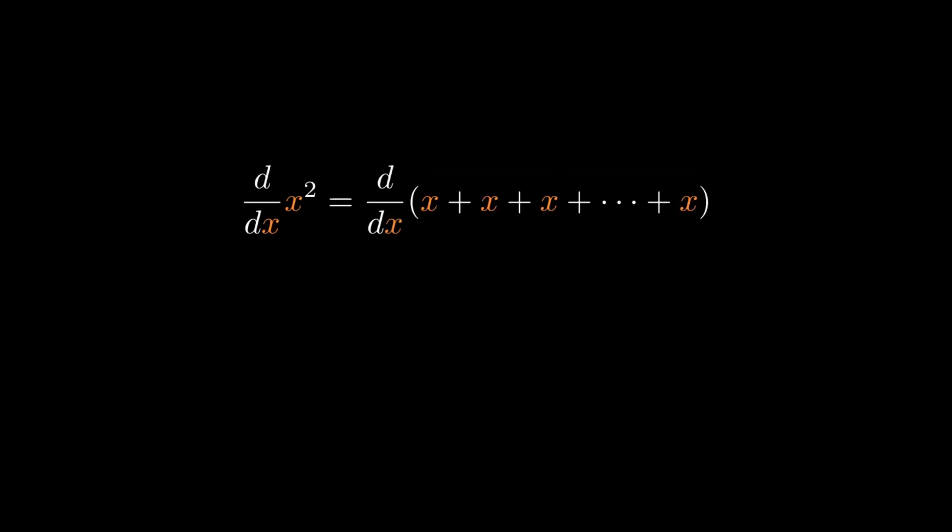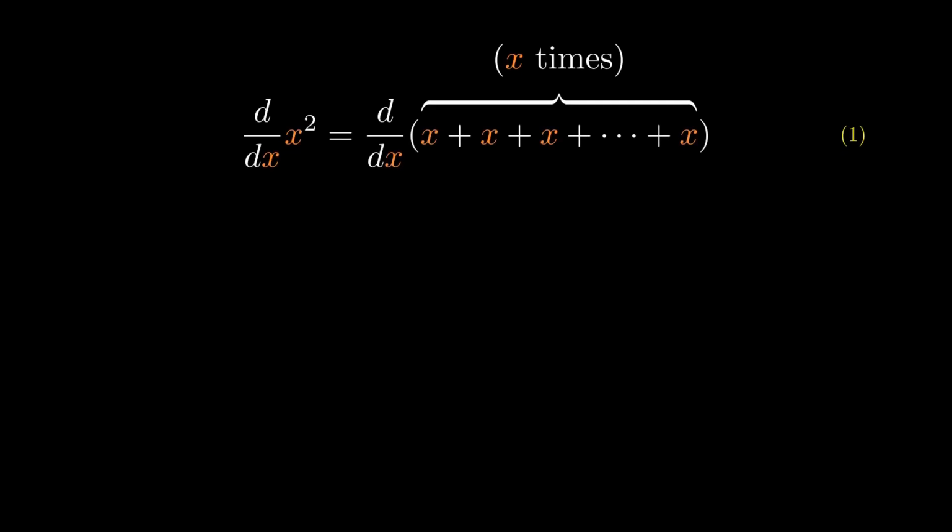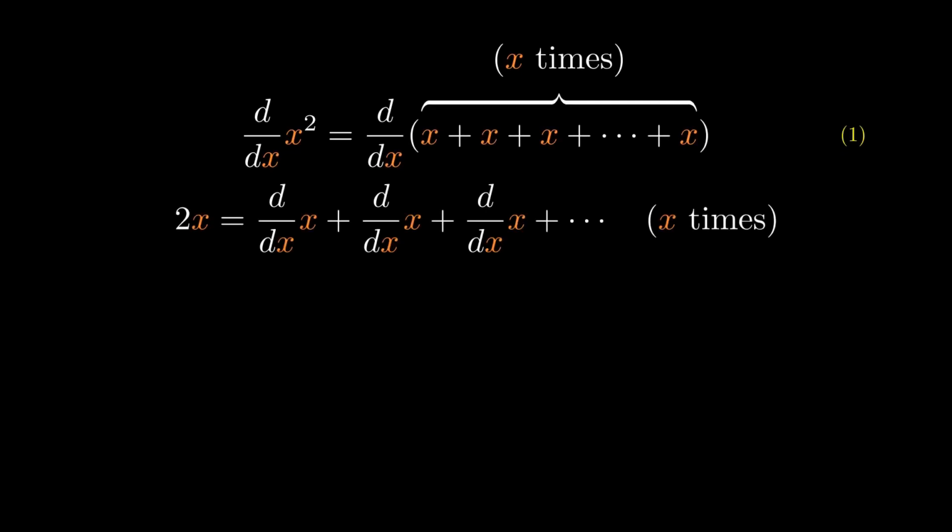Using the polynomial derivative formula, we have 2x equals d/dx of x plus d/dx of x repeated x times. Therefore, 2x equals 1 plus 1 plus 1 repeated x times for all non-zero x. This implies 2x equals x, or 1 equals 2, which is simply not true.